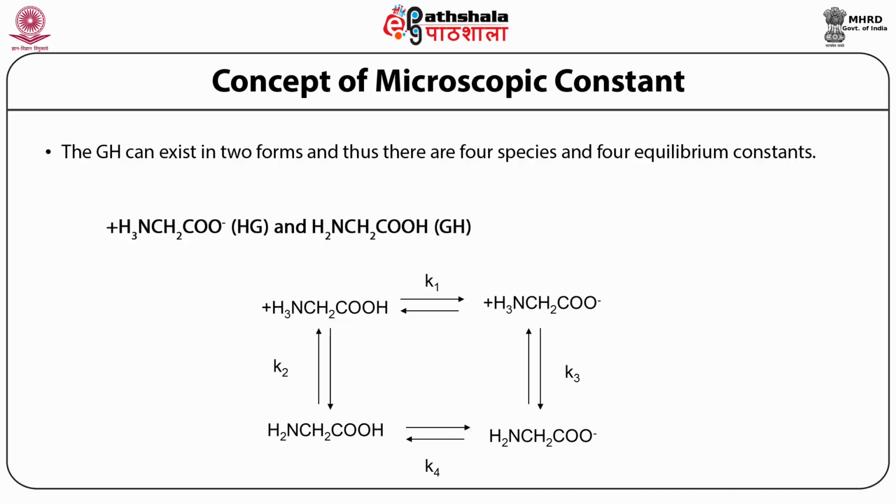Now both these forms, Hg and GH, can further dissociate to give NH2CH2COO-. When Hg goes to the G form, the equilibrium constant is K3, and when GH goes to the G form, the equilibrium constant is K4.